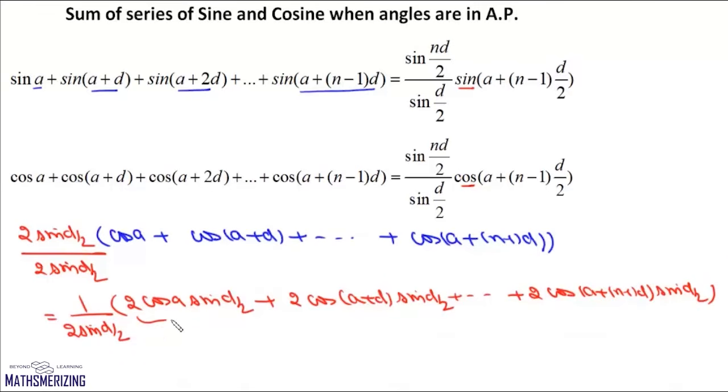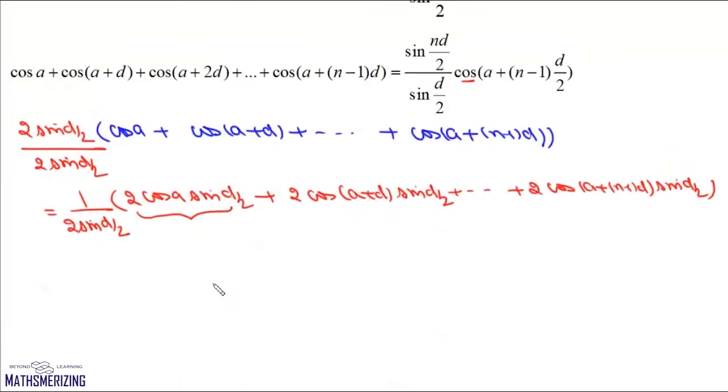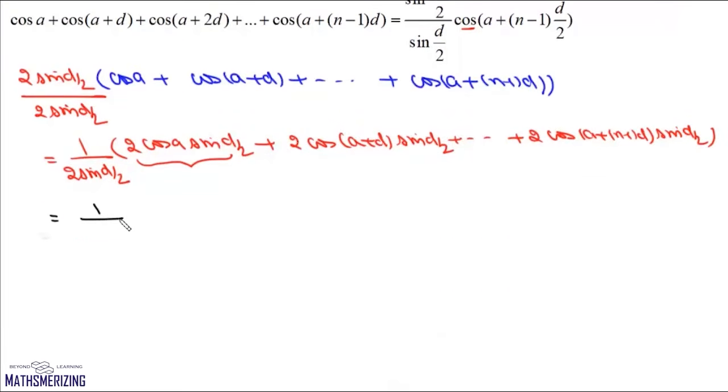Now 2 cos A sin B is sin(A+B) minus sin(A−B), so we'll use the formula. Now we can write this as 1 upon 2 sin(D/2), and this is sin(A+D/2) minus sin(A−D/2).